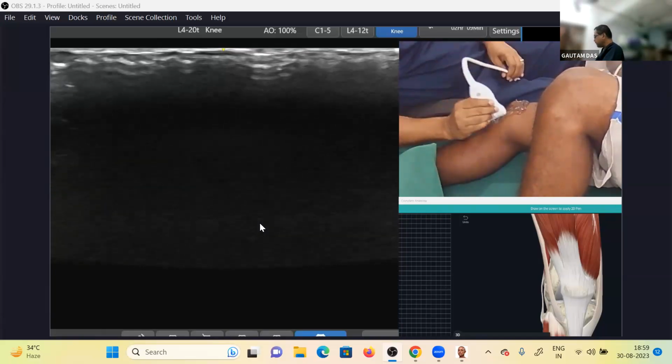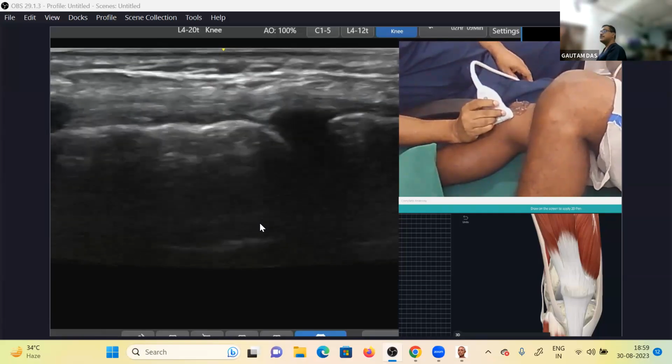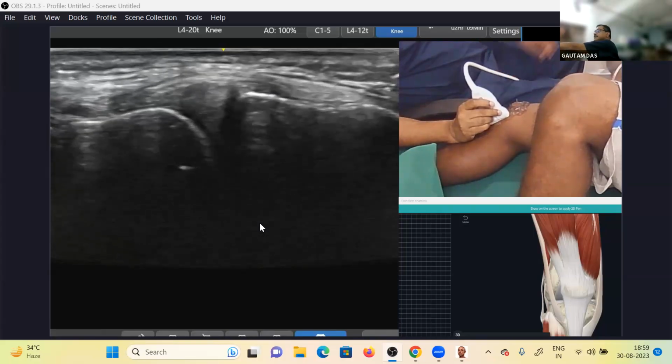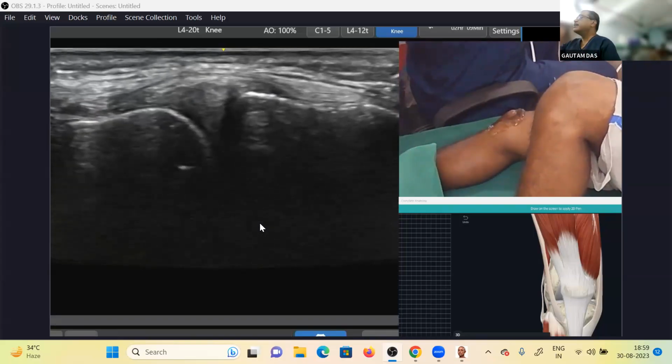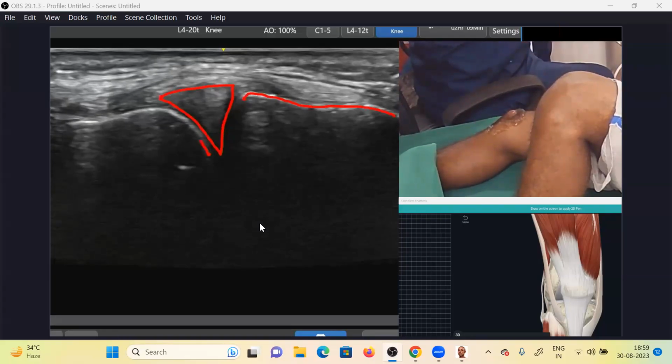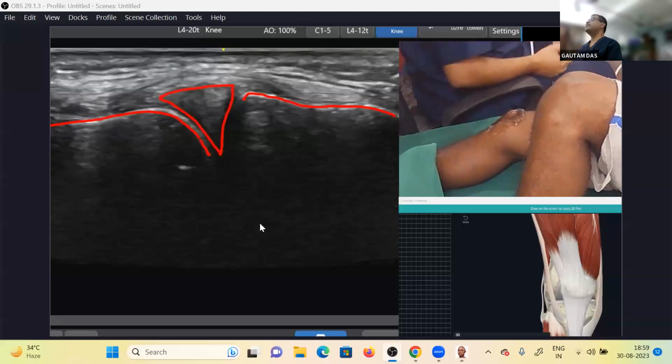So now, if I'm holding the probe like this, you can see the joint, you can see the meniscus there. So this is your medial meniscus. This bone is your tibia. This is your medial condyle.